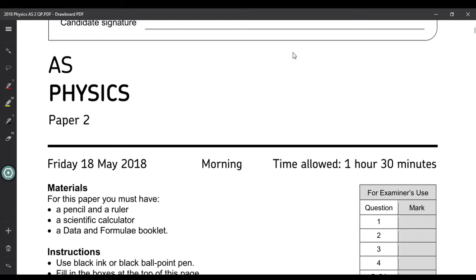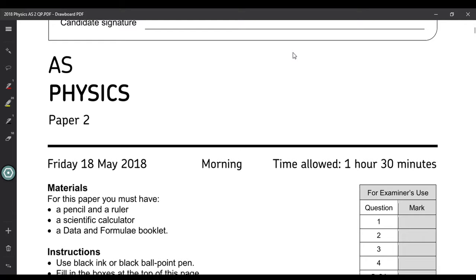Whilst doing the calculations, they suggest that you lay them out in vertical columns to make sure that it's easy to follow, and show the equations that you're going to use, because then at least you're going to get partial marks for going part of the way through the question.